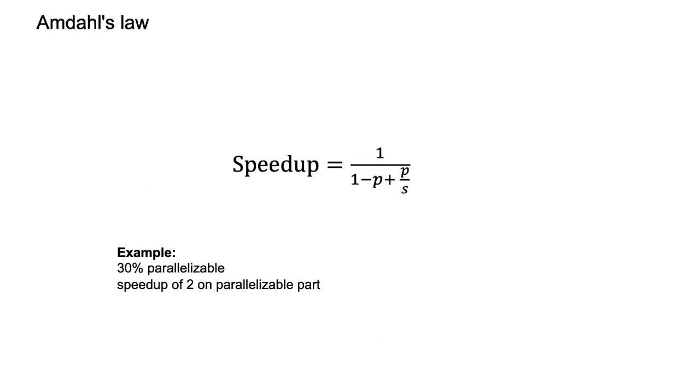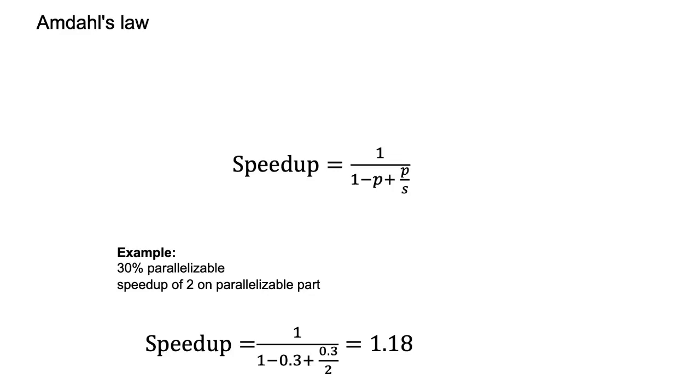Now there is a law, Amdahl's law, that computes the speed up based on 2 parameters. The first parameter, P, is the part of your system that is parallelizable, and then you try to parallelize it. Let's say 30% of what you have is parallelizable, and on that part you have a speed up of 2. You manage to make it twice as efficient. Then that formula right here gives you the overall speed up.